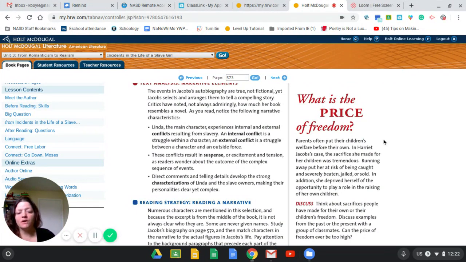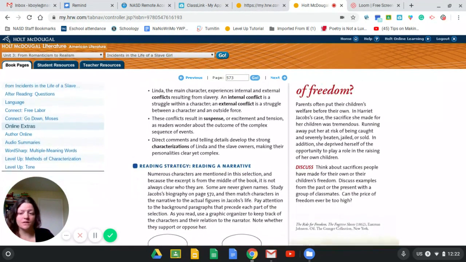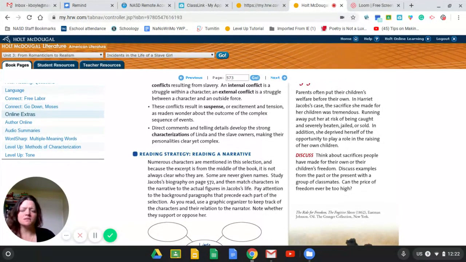It says, parents often put their children's welfare before their own. In Harriet Jacobs' case, the sacrifice she made for her children was tremendous. Running away put her at risk of being caught and severely beaten, jailed, or sold. In addition, she deprived herself of the opportunity to play a role in the raising of her own children. So that's a little bit of the background and what we're talking about in this story.